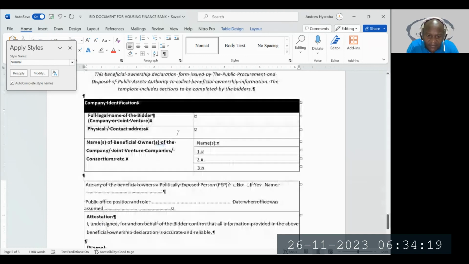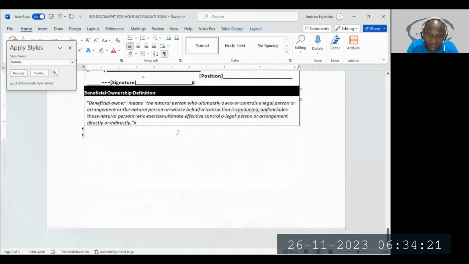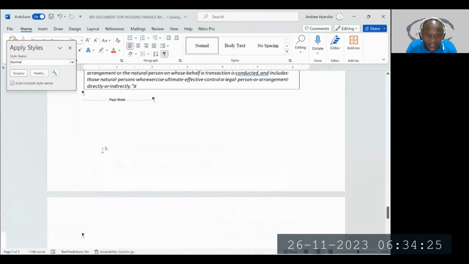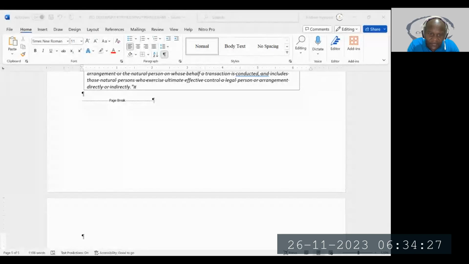Okay, then once you fill the beneficial ownership declaration form, you go to the next element of the proposal, which is consultants' references. Now if you've done coaching as a firm, this is where you're supposed to capture your references.